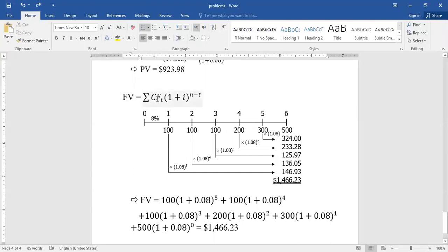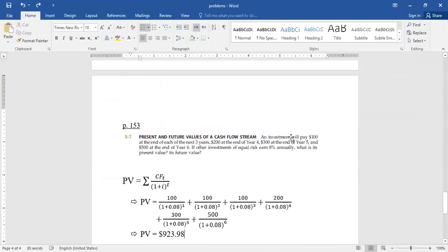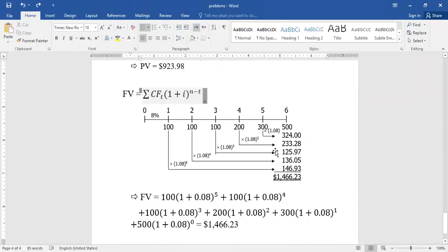So I'm receiving $100 times 1 plus i, my interest rate, which as before is still 8%, to the power n minus t. n is the total number of years of this investment. This investment is 6 years. So n is 6. Okay.